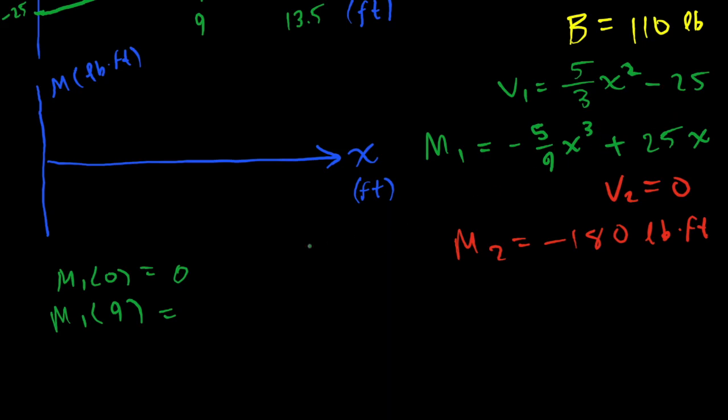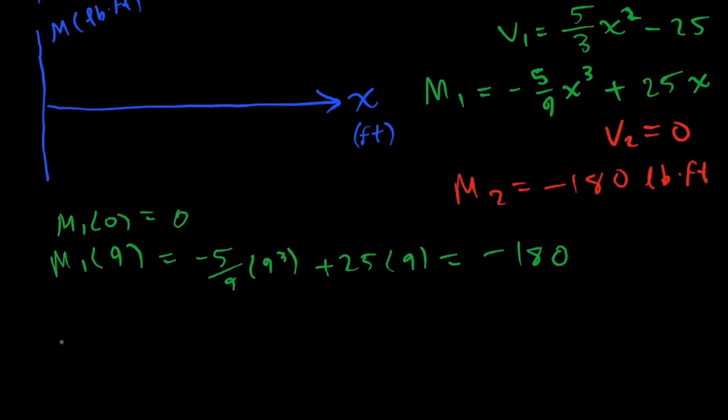That gives us 5 over 9 times 9 cubed, plus 25 times 9, and for this value we get equivalent to negative 180. Now let's do the same for M2. M2 at 9 is obviously equal to the same value, which is also equal to M2 anywhere from 9 to 13.5, so we don't actually need to write that down.